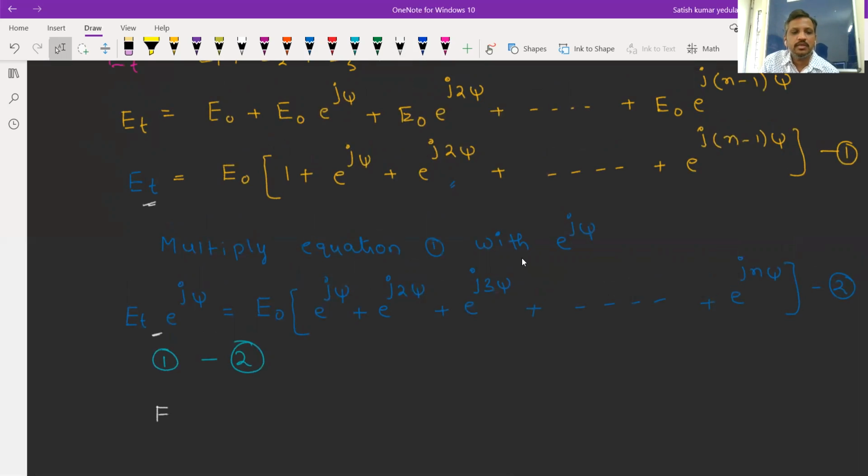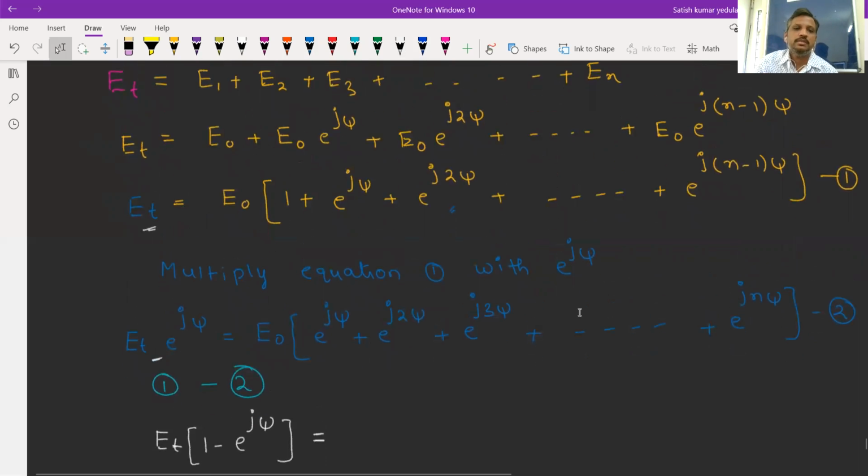Let us take ET common: ET into (1 minus e power j psi). What will get cancelled if you subtract 2 from 1? If you subtract 2 from 1, then E naught into 1 will be there as it is, and E naught into e power j psi, and this is E naught into e power j psi, first term.